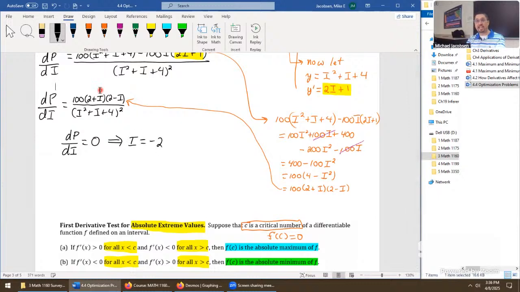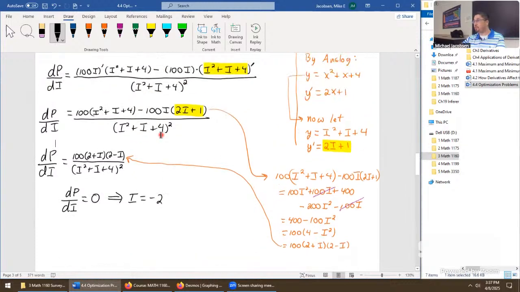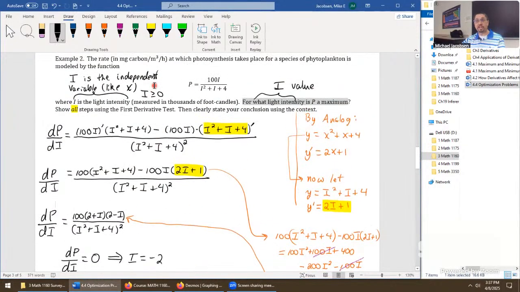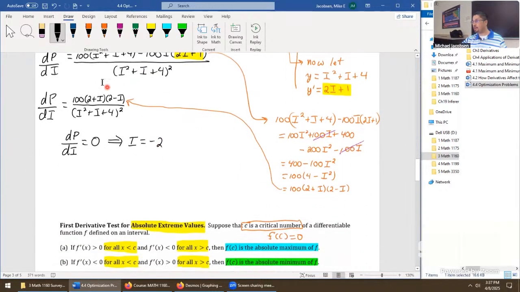But recall i is light intensity. It had a domain, which said non-negative values. 0 was the minimum. So we actually have to throw this away. This is out of domain. The domain is greater than or equal to 0. But let's do that in our next step. On this part, if i is positive 2, that's our next critical number. And that one is in domain.